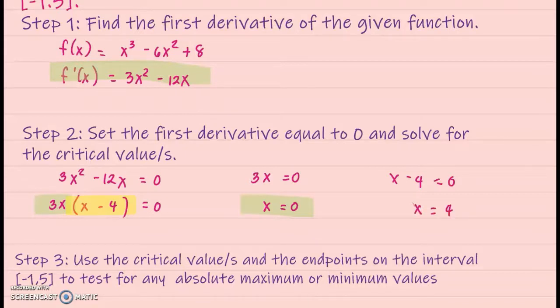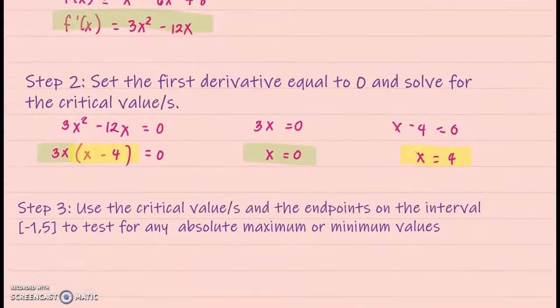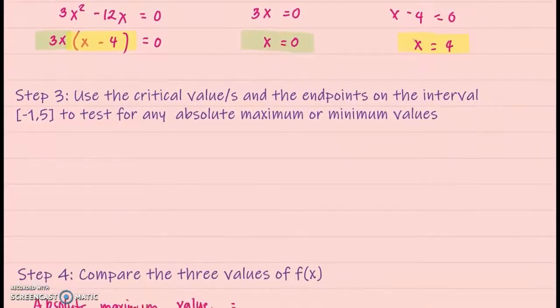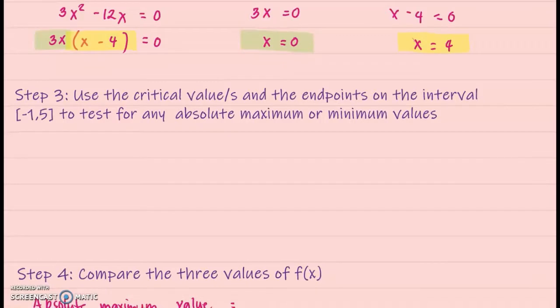So that is also our critical value. So we have two critical values for this problem. So step 3, use the critical values and the endpoints on the interval to test for any absolute maximum or minimum values. So let's have first x equals 0.